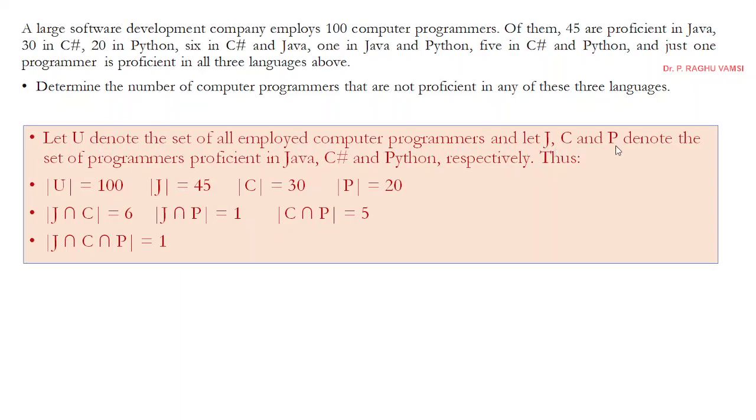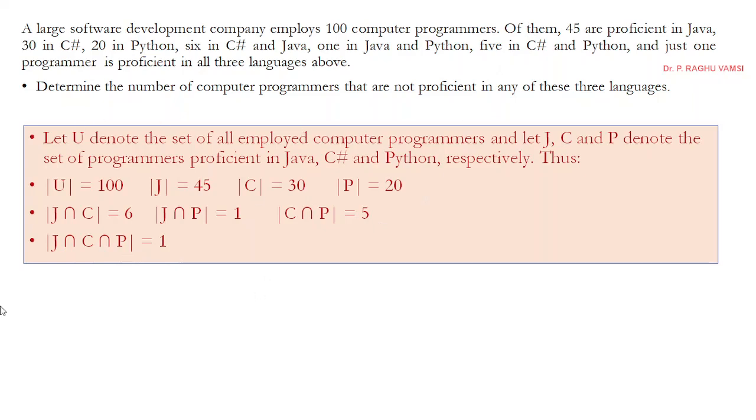Let J, C and P denote the sets of programmers proficient in Java, C Sharp and Python respectively. So here the universal set is 100, J is 45, C is 30 and P, Python, is 20. And J intersection C, that means having knowledge of both Java and C Sharp, is 6, J intersection P is 1, C intersection P is equal to 5 according to the problem statement, while proficient in Java, C Sharp and Python all together is 1.